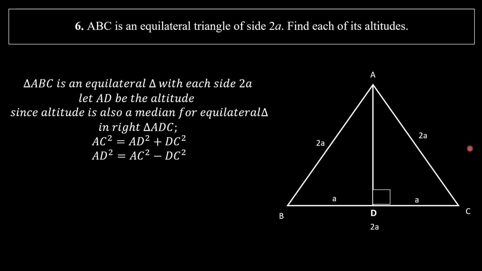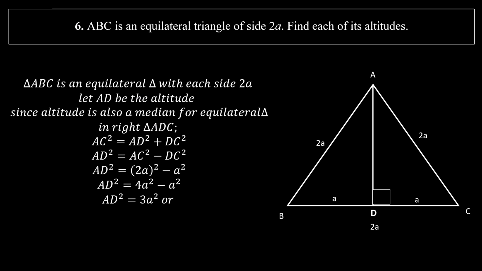Replacing the values, we need to find AD square, so AD square is transposed to this side. AD square is equal to AC square minus DC square. Replacing the values, AC is 2A and DC is A. So 2A square, that is 4A square, minus A square comes out to be 3A square.